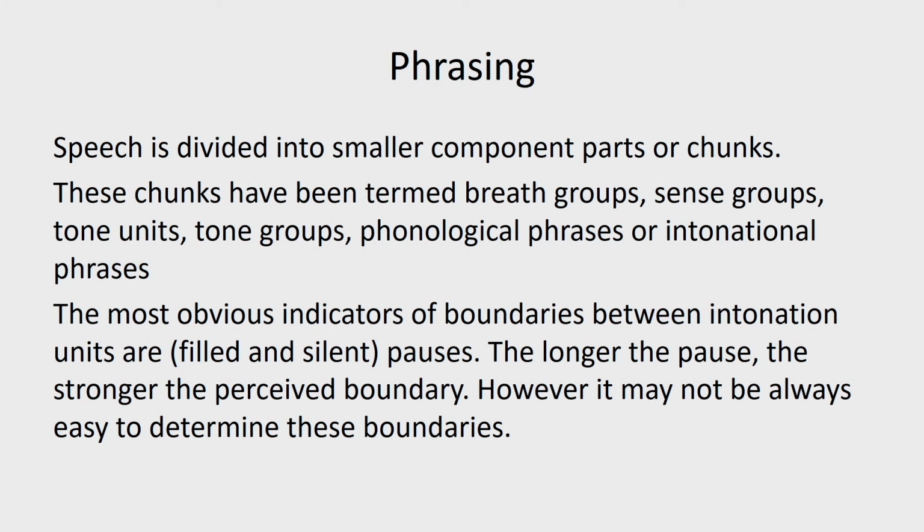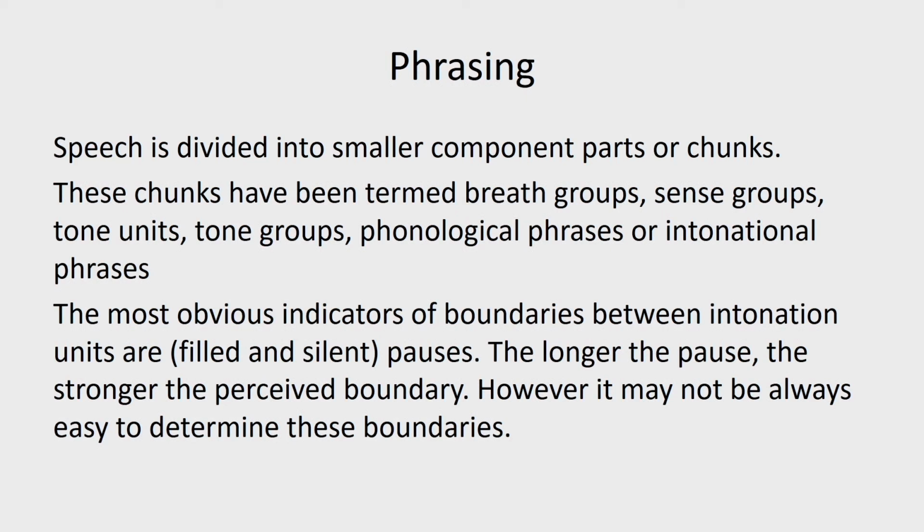So phrasing. We had talked about how speech is divided into parts, and those smaller components can also be called chunks. These chunks have been termed breath groups, sense groups, tone units, tone groups, phonological phrases, or intonational phrases.